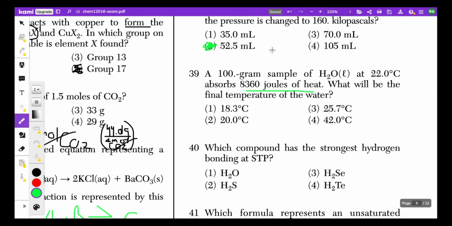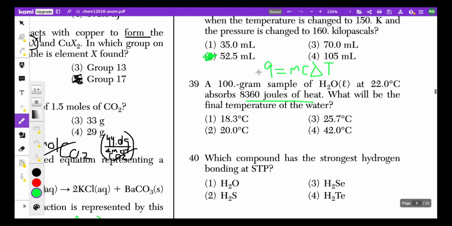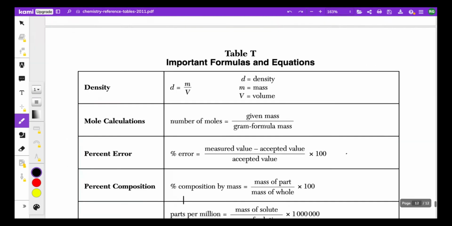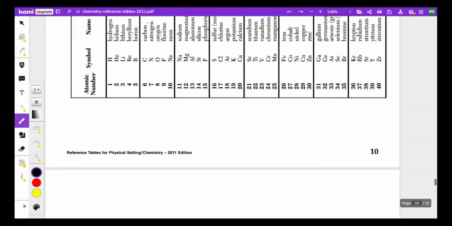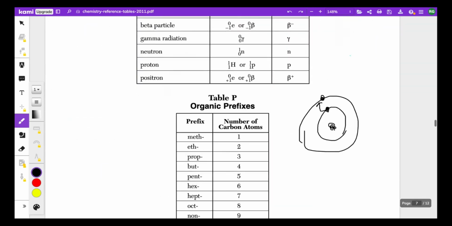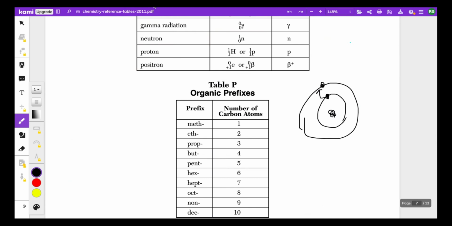So this is a problem where you have to use this formula. Q equals MC delta T. All right, and what this formula is used for is, let me just find a space where I can show this example.